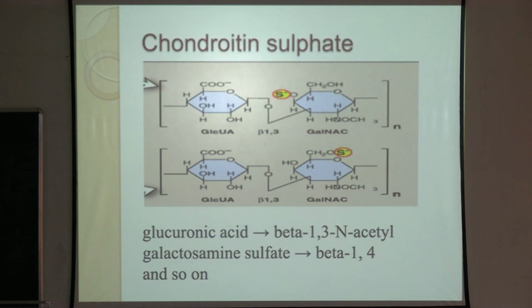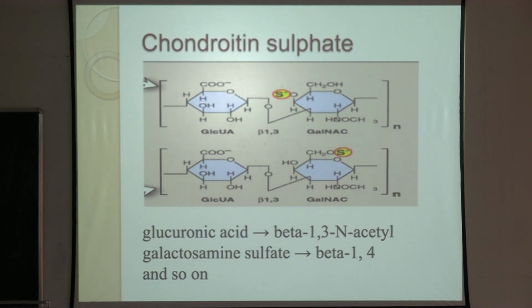Next. Now comes chondroitin sulfate. What was chondroitin sulfate? D-glucuronic acid and N-acetyl galactosamine, sulfated galactosamine. Sulfur groups can be attached to C4 or C6 of galactosamine. They are also connected by beta 1,3 and beta 1,4: beta 1,3 from the uronic acid to the amino sugar, and 1,4 from the amino sugar to the uronic acid.